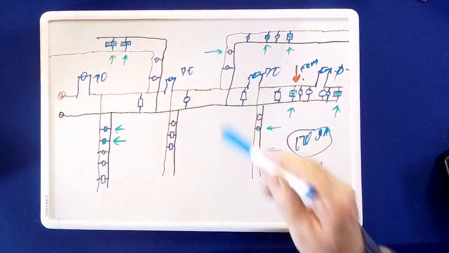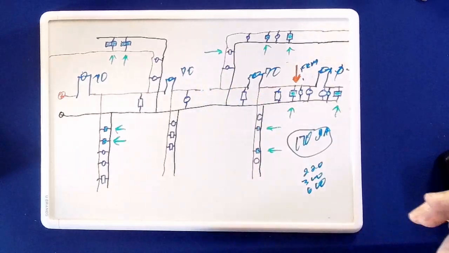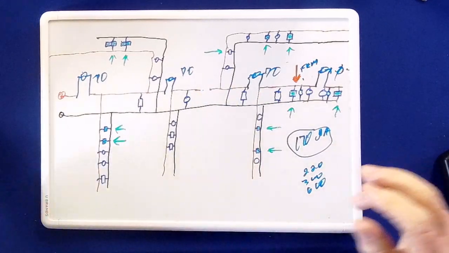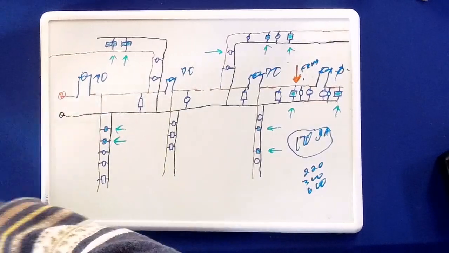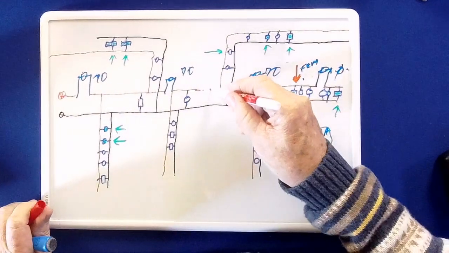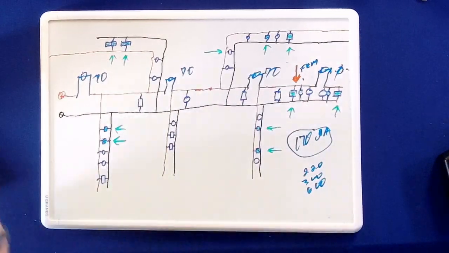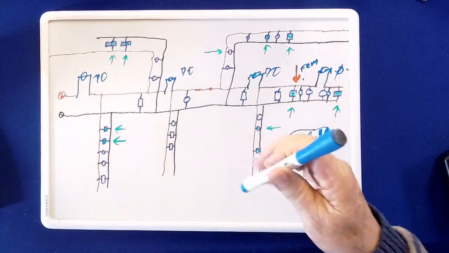So if you read it here and you're reading across the circuit, you're not necessarily reading in any specific direction to or away from the panel. So you have to break it.